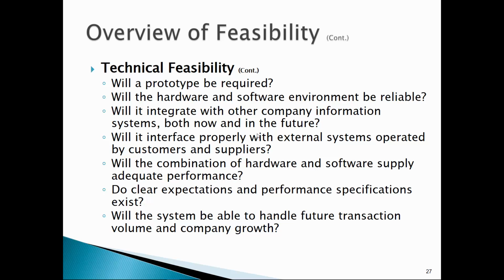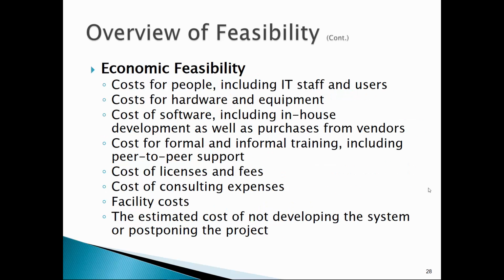And then, of course, handling future transaction volume and company growth. We need to build systems that are scalable. A great example of that, if you've ever seen the Facebook movie, is that they originally designed Facebook to be used on one college campus. And then other college campuses wanted it, and their whole structure of Facebook had to change. It needed to be scalable.